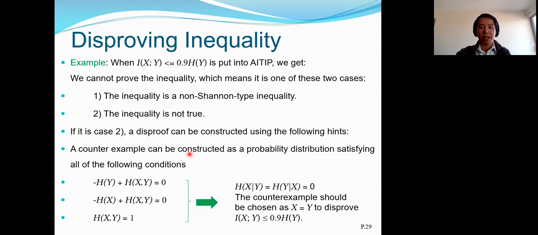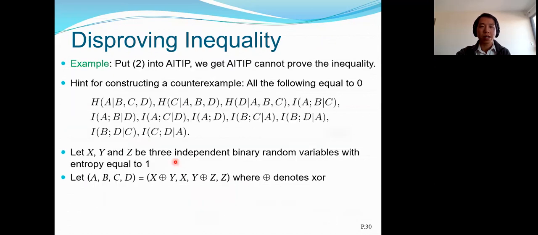So this is what the AITIP can give us. And now let's put the equation 2 into AITIP and then see what we can get. And in this case, we will see a more complicated hint. Okay, there are a bunch of Shannon's information measures here.